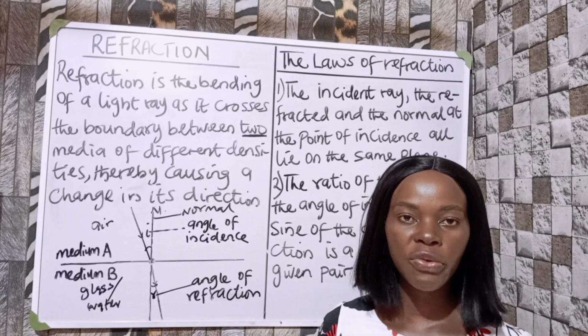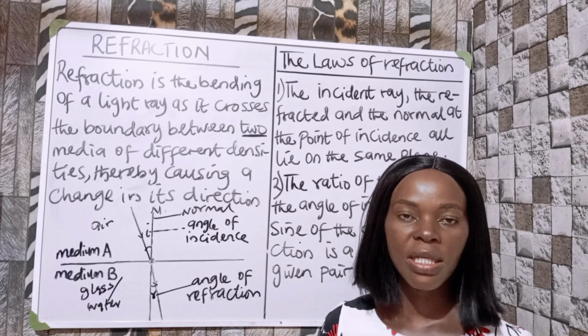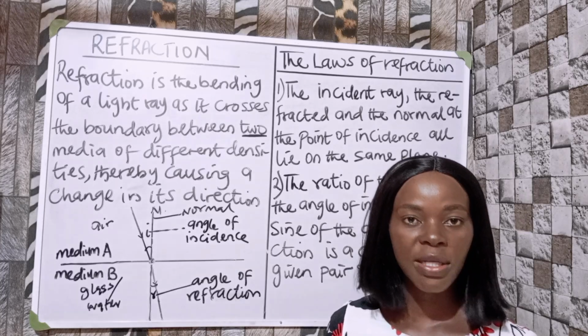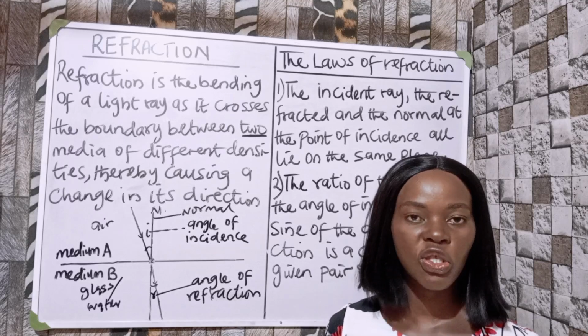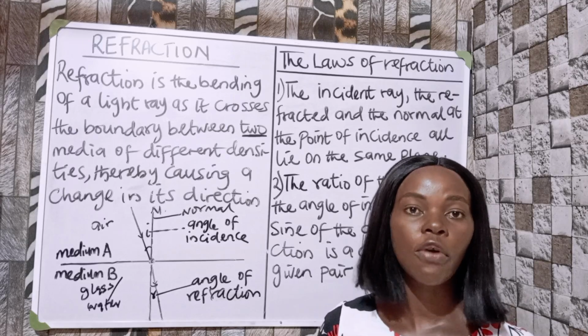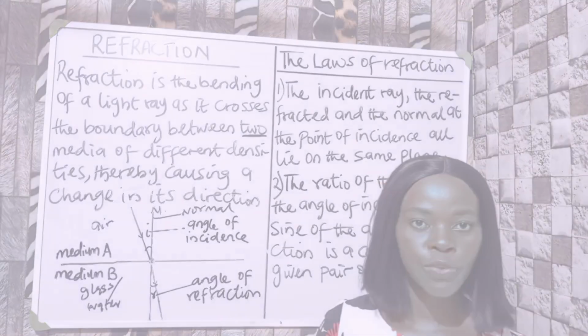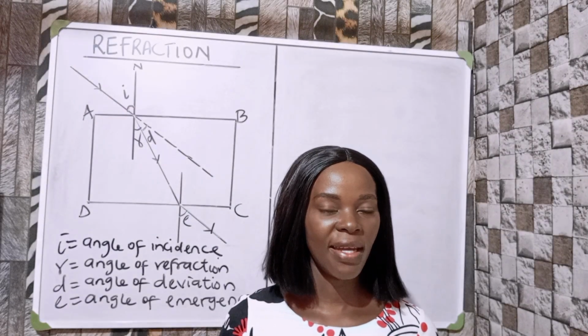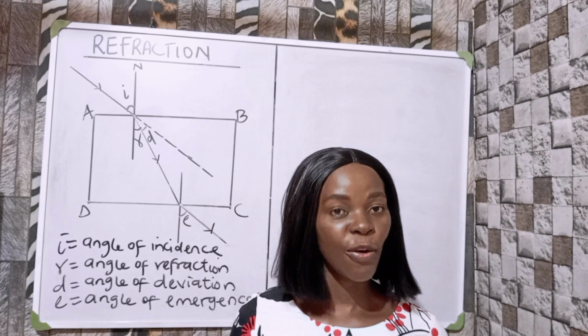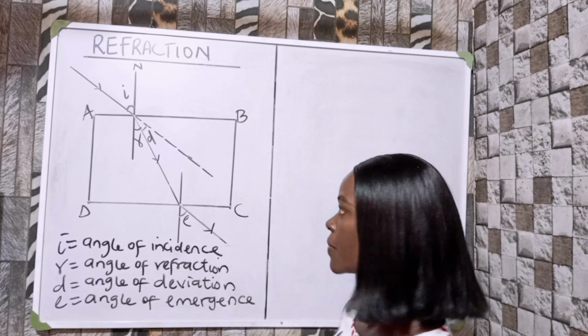I'm going to show you the relationship between the law of refraction and the refractive index. Of course, we are going to use such relationship to solve problems. Stay tuned.